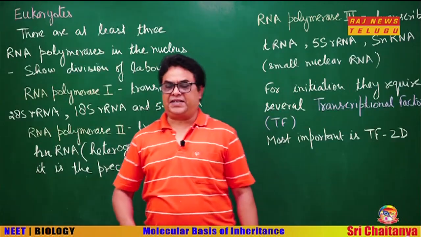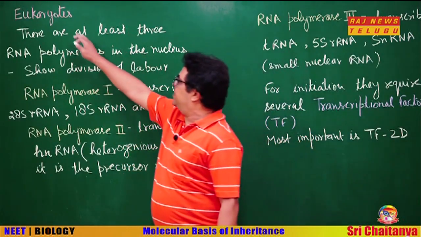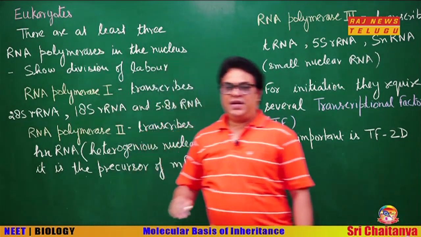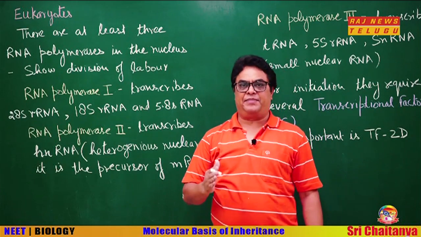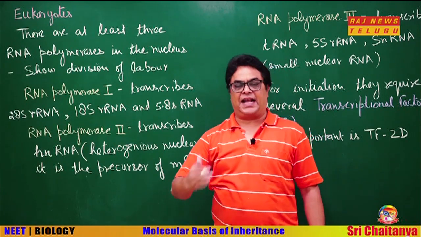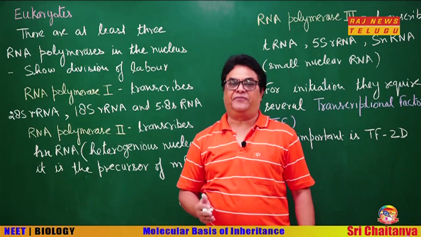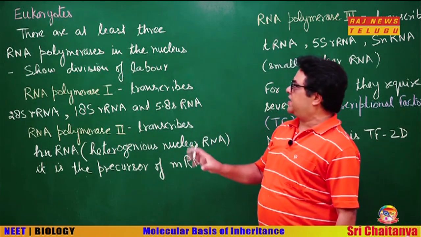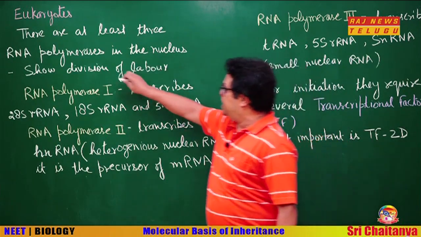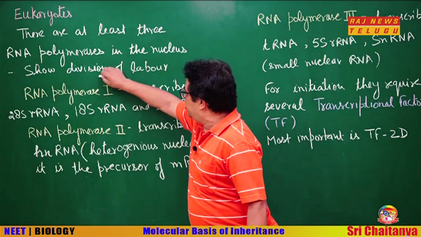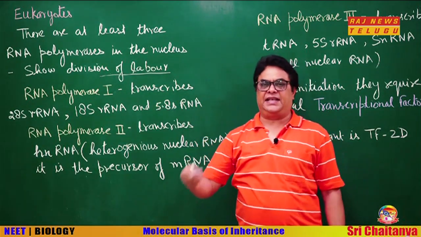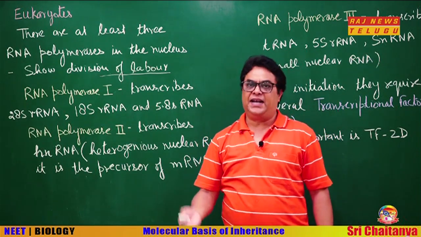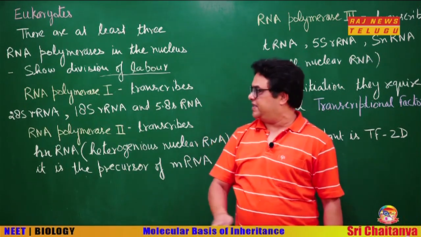Okay. Now, let us see the RNA polymerases of eukaryotes. You saw that in prokaryotes, there is only one type of RNA polymerase that transcribes all the different types of RNA. But this is not the case in eukaryotes. As you can see, eukaryotes show a clear-cut division of labor, meaning for synthesizing different types of RNA, there are different RNA polymerases.